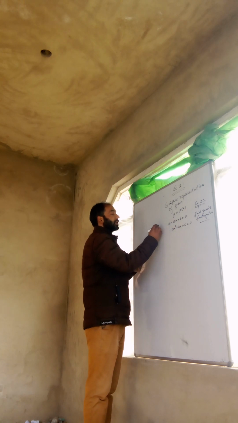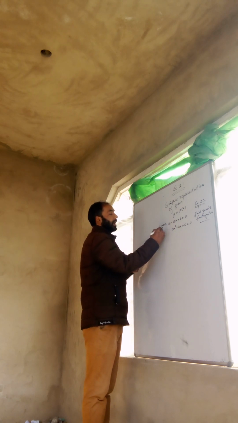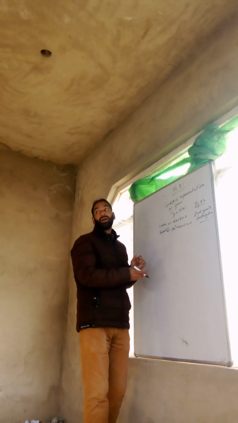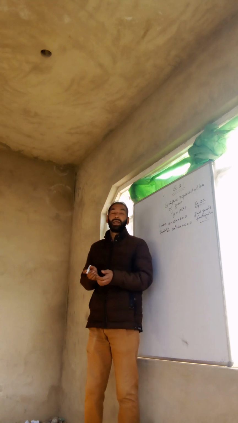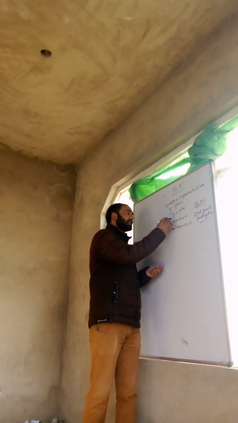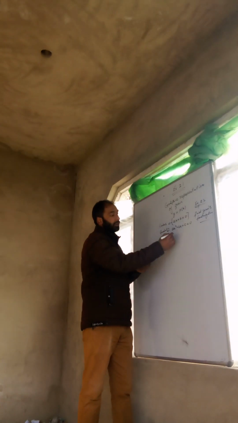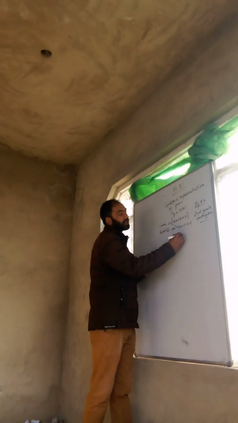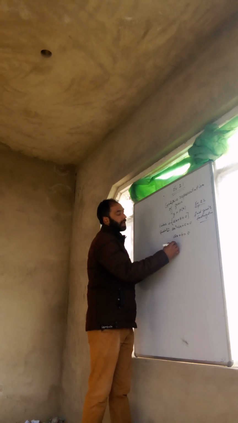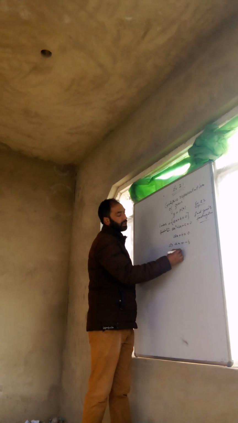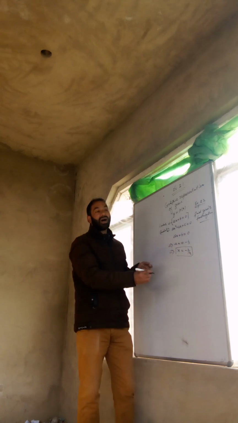This is a linear equation and this is called a quadratic. In case of linear polynomials, ax plus b is equal to 0 means ax is equal to minus b, which implies that x is equal to minus b by a. We call it the zero.